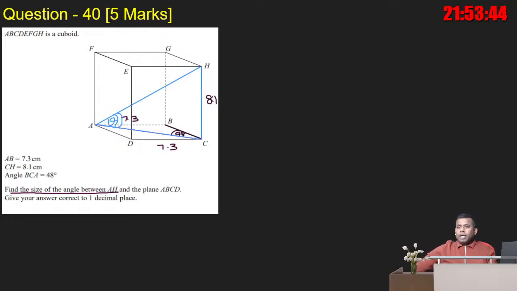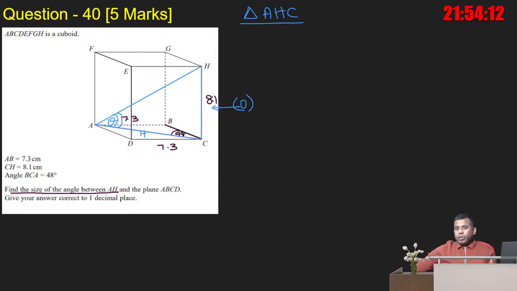So in the triangle AHC, it is a right angle triangle. You can apply the tan theta formula. Because tan theta, the 8.1 is going to be the opposite side, right? And the hypotenuse is the AC. We don't know what is the hypotenuse, right? So how can we find out the hypotenuse?